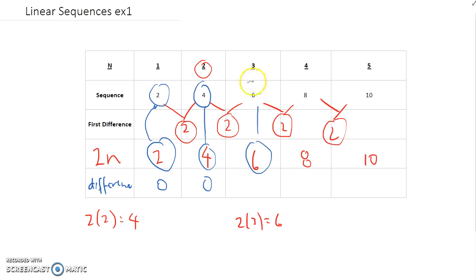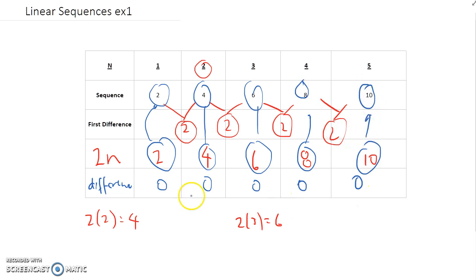The same goes for the rest. So I can conclude that my rule will be 2n, because when I put in 2n I get exactly the same sequence in return. So the rule for that one is 2n.